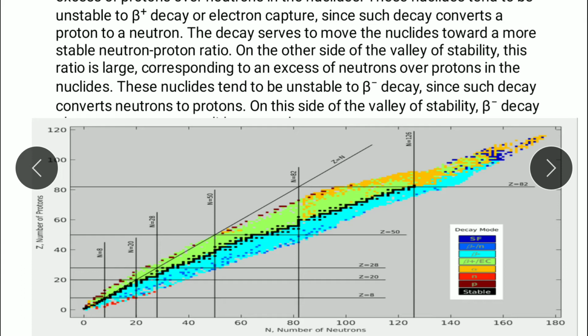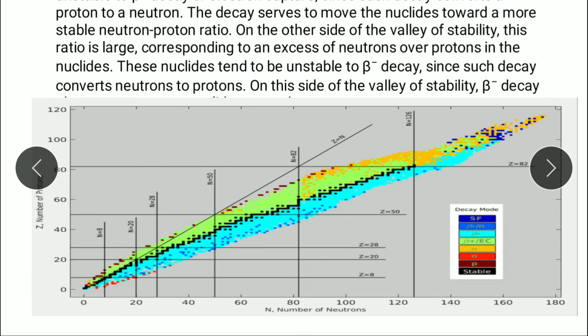Understand everyone? Okay, from the graph we can easily see that when proton number is greater than neutron number, then there is a beta plus emission, and when neutron number is greater than proton number, then there is beta minus decay. Okay.